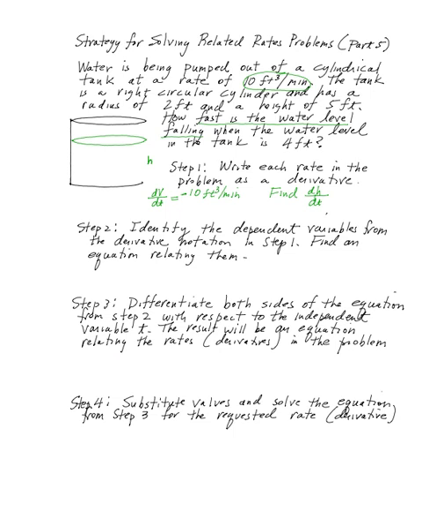All right, step 2. I look at my derivative notation in step 1 and I identify the dependent variables. They're V and H, right? So I need an equation that relates V and H for the shape I'm given. And the shape's a right circular cylinder.